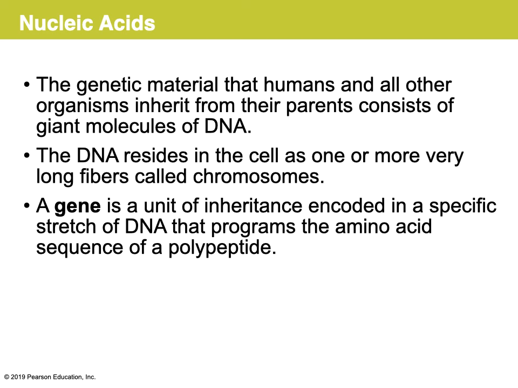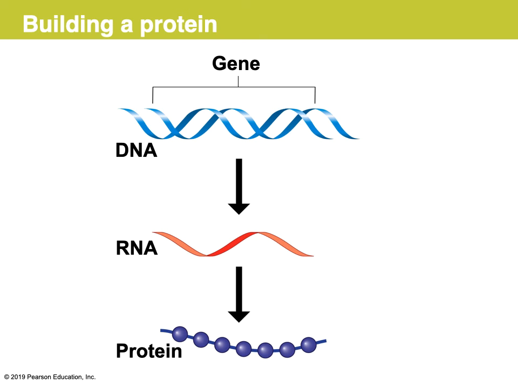So you could think of genes as essentially recipes, right? It's an individual unit of information to create a specific amino acid sequence. And we'll get into, in far more detail later on, the whole business of how information goes from a gene, a specific stretch of DNA, to a protein.